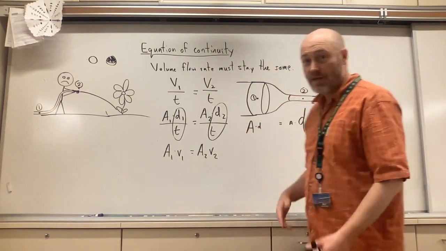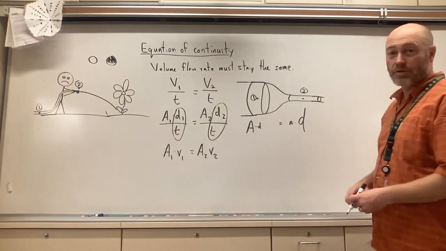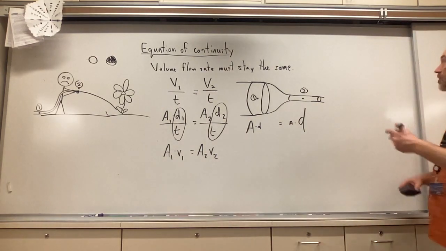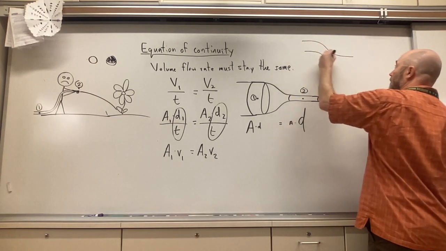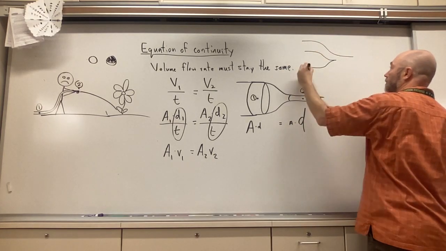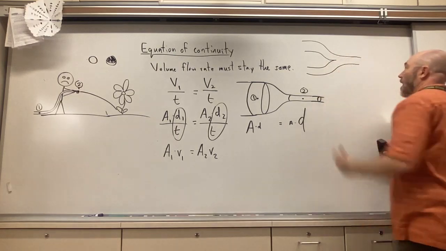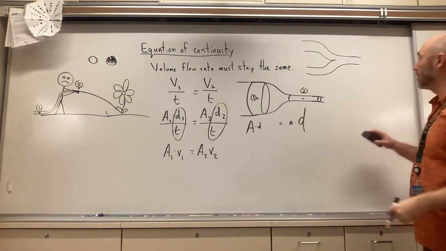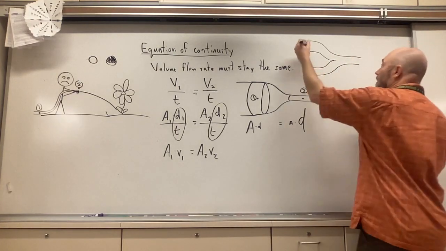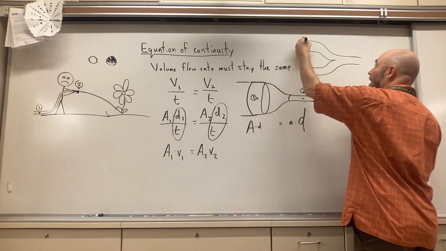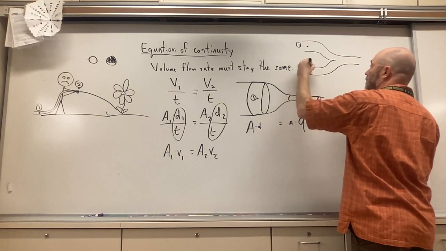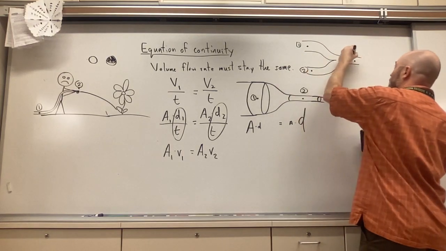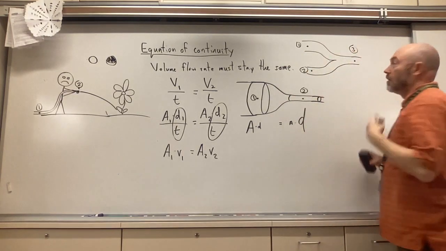Now, here's where you have to be careful, even though this is the equation you're going to see on the equation sheet. Every so often, the College Board is going to throw a question like this at you, where they will say, hey, I have these two branches coming together like this. Well, in this case, this would be point 1, this would be point 2, and then this would be point 3 maybe.